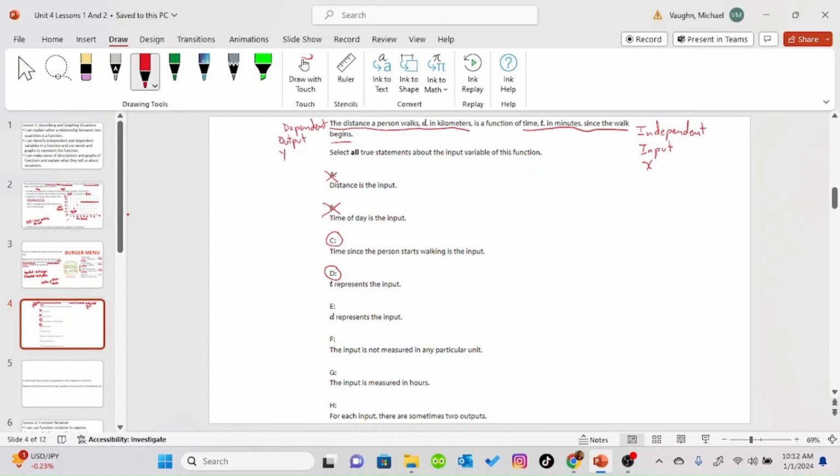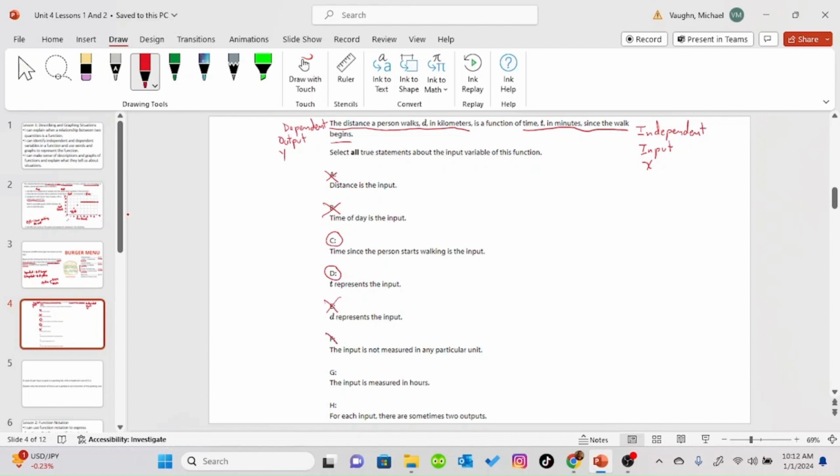E, d represents the input. Well, d is the distance, and distance is our output. So E is incorrect. F, the input is not measured in any particular unit. Well, my input is time, and it's measured in minutes.